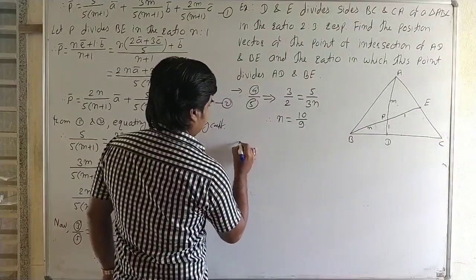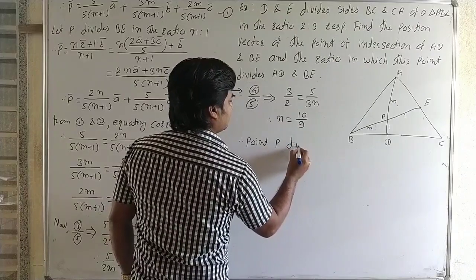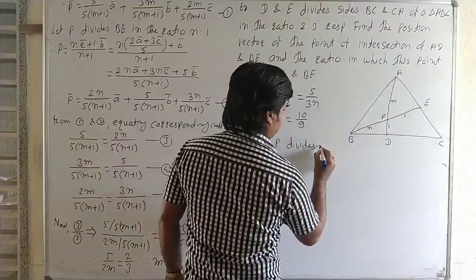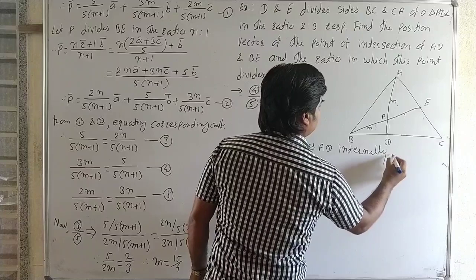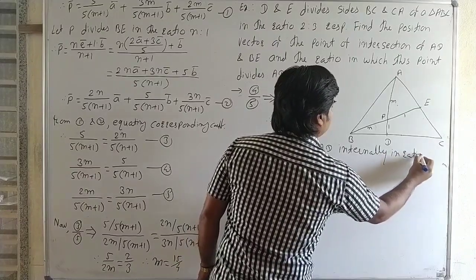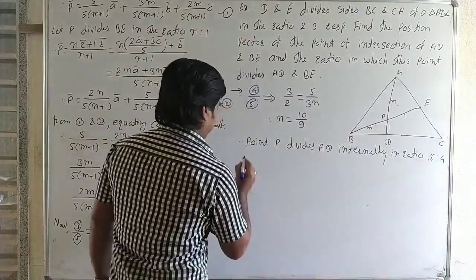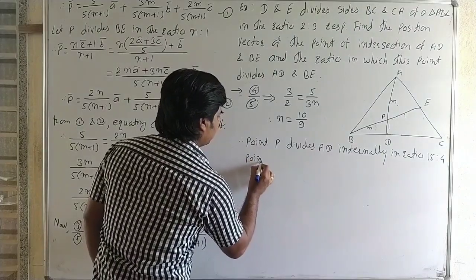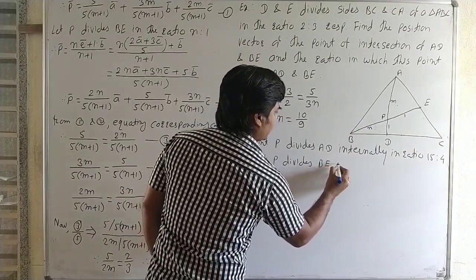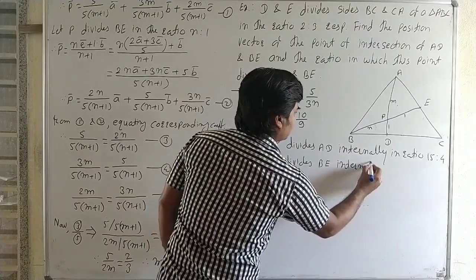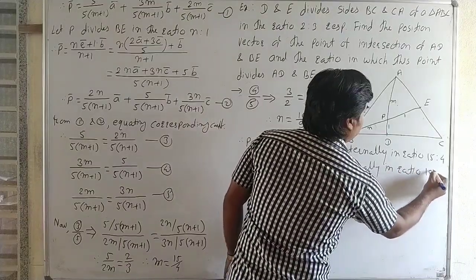Therefore, point P divides AD internally in the ratio 15 is to 4, and point P divides BE internally in the ratio 10 is to 9.